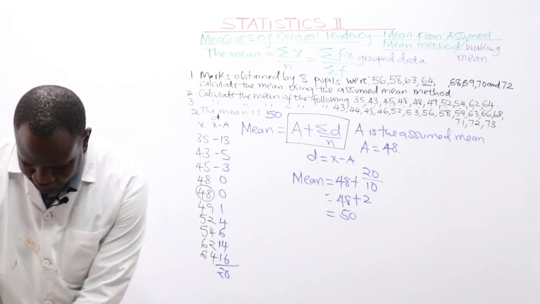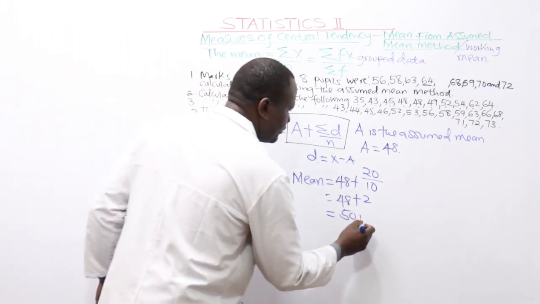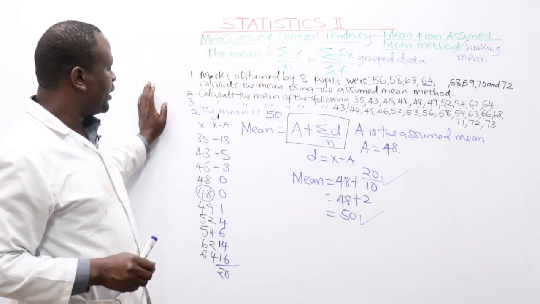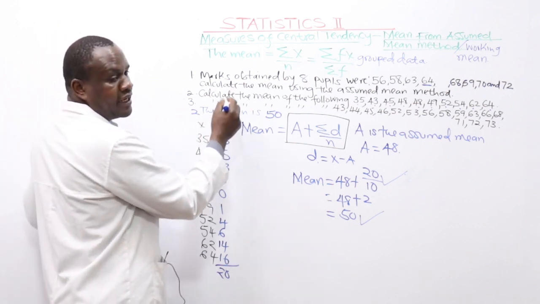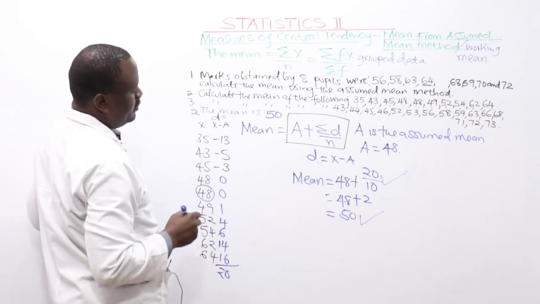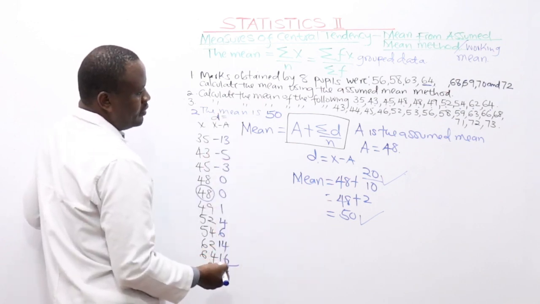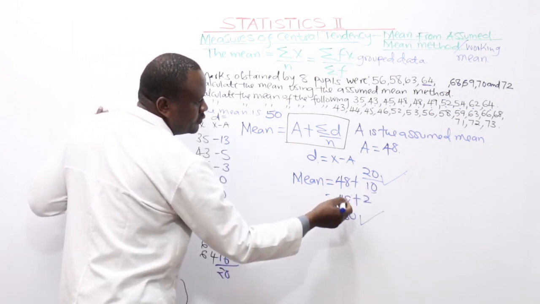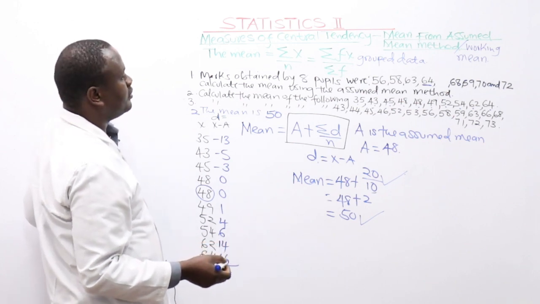That is our mean. So in other words, we get another column called x minus A, which we call D. We sum what is in that new column, we divide by the number, then we add the assumed mean.